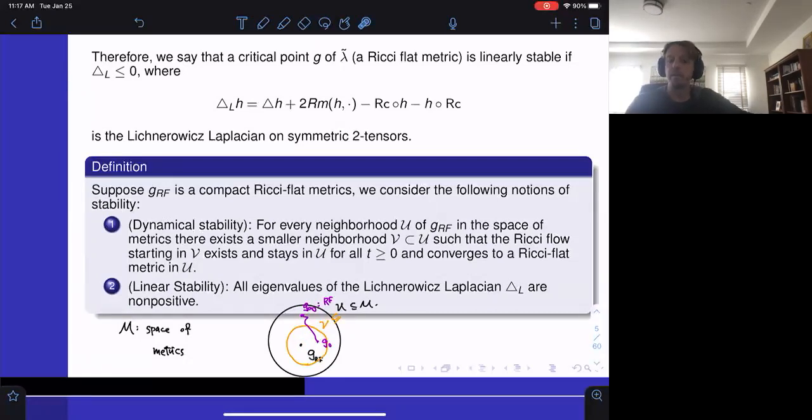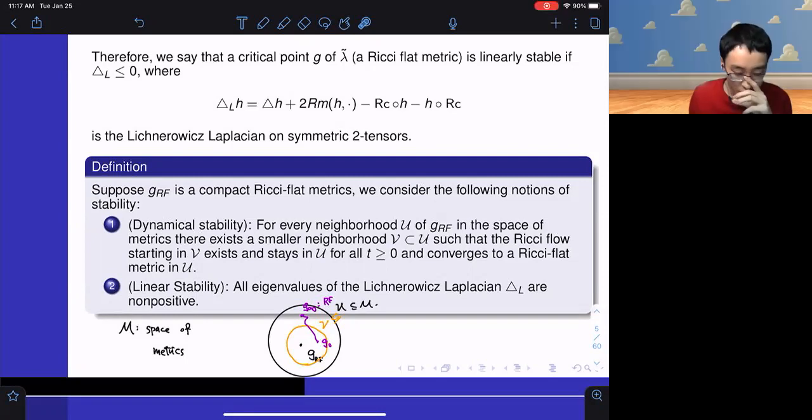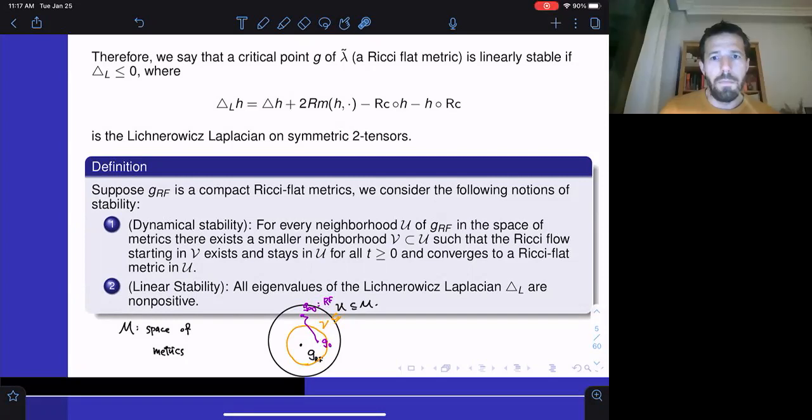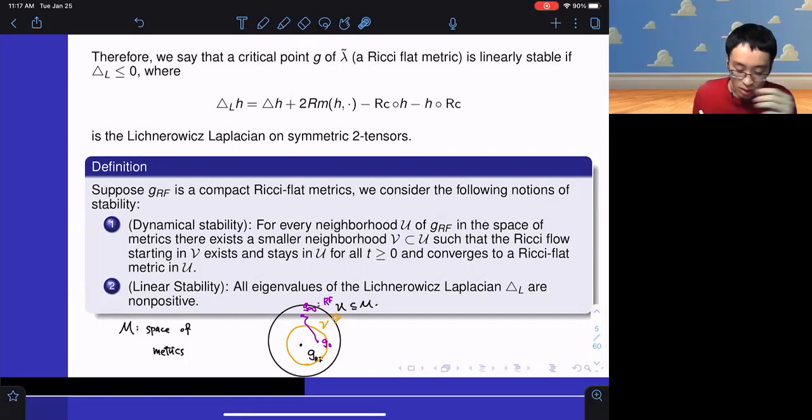You don't expect to converge to the original one, just to something in the smooth family. Okay. And as you will see in my work, we will not guarantee that our generalized Ricci flow will flow back to our original metric.